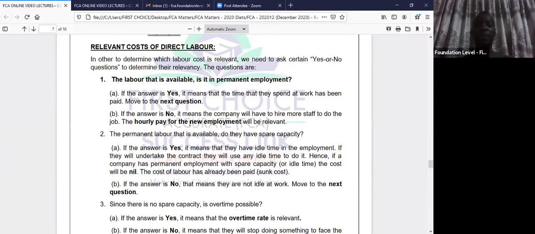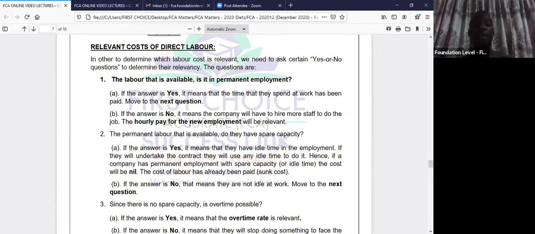Question number 1, the labor that is available, is it in permanent employment? Because they will tell you, you will need labor for this job. This is the number of hours that is required to do the job. You ask yourself, do I currently have this labor available in permanent employment?